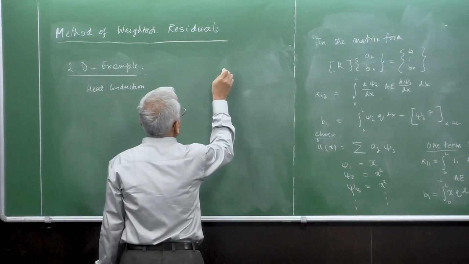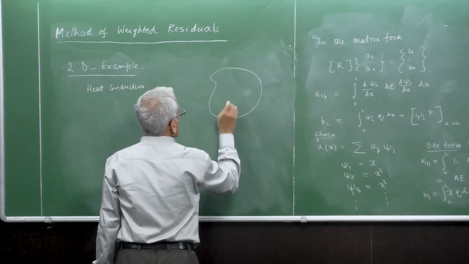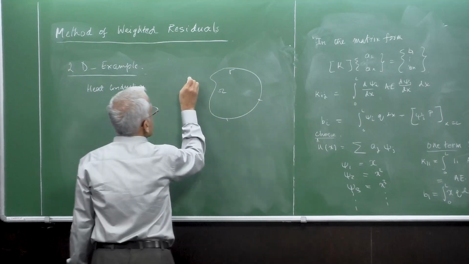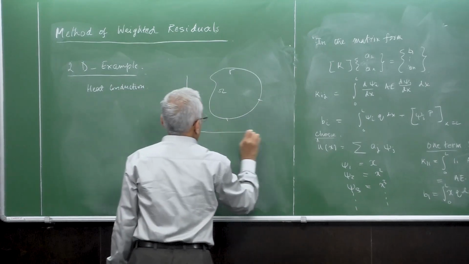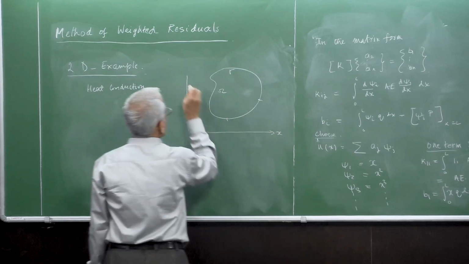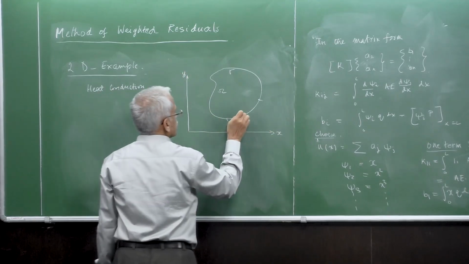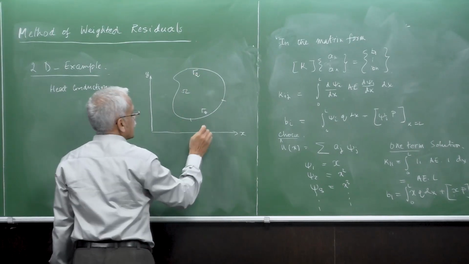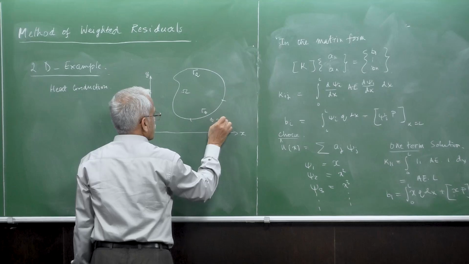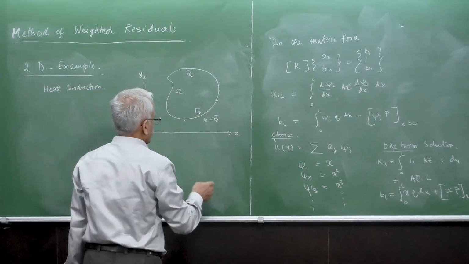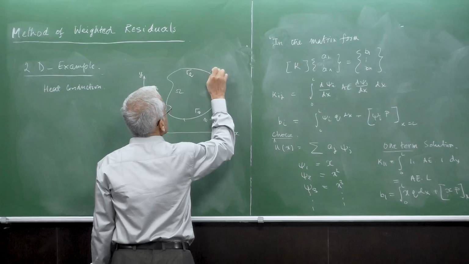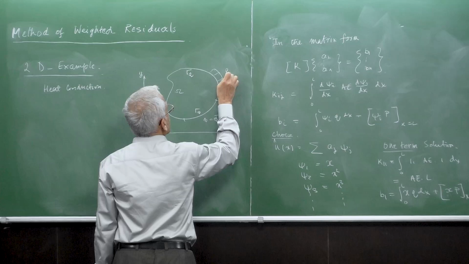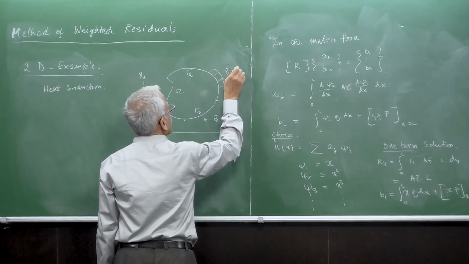So in this, as we keep drawing, here in this part of the boundary on gamma phi, phi is prescribed, and in this other part, Q is prescribed to be Q bar.